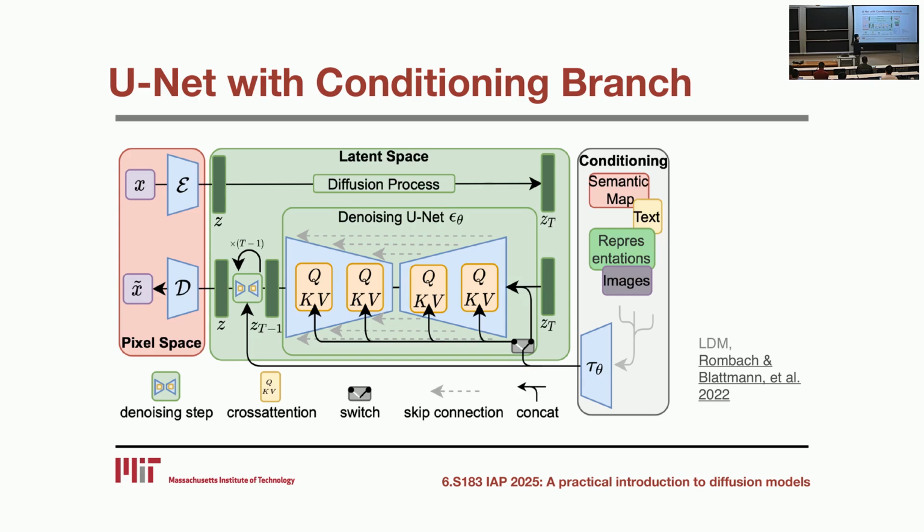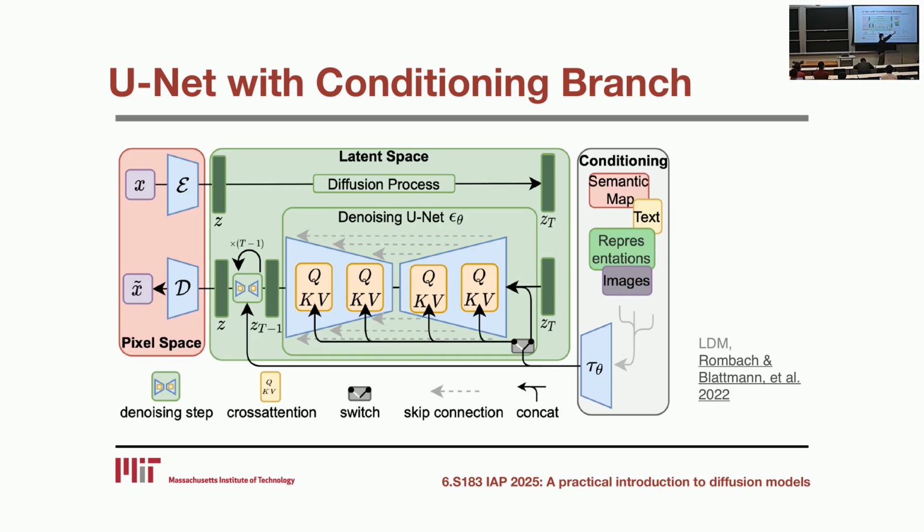And here is what people do in stable diffusion. If you take a look at this, this is a reverse diffusion process. What you do is you start from some Gaussian noise here in latent space, of course. And here you have some conditioning variable.